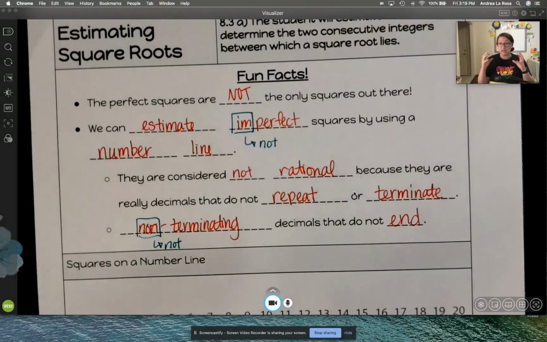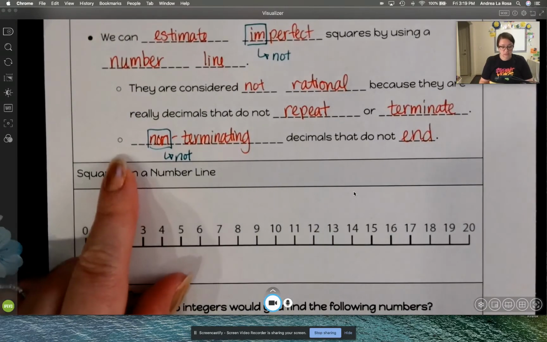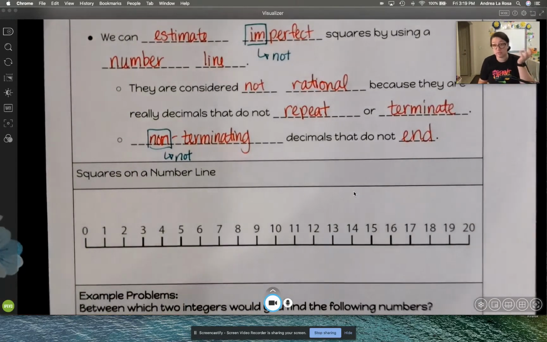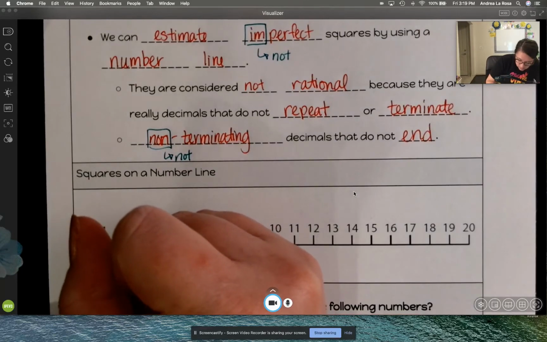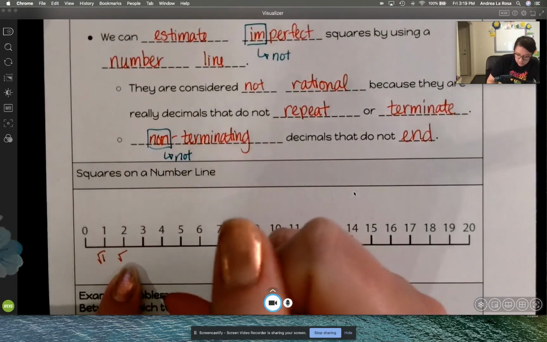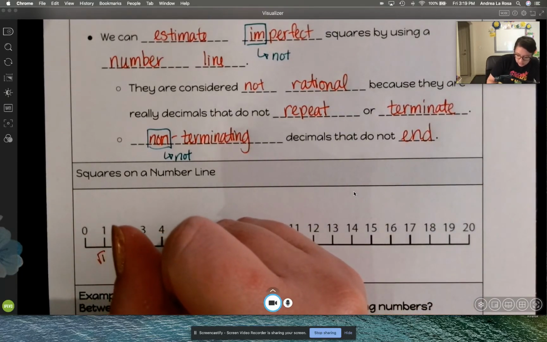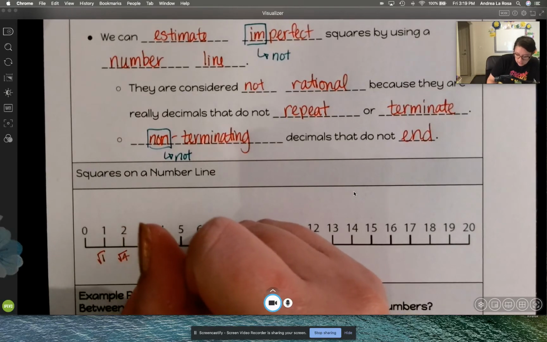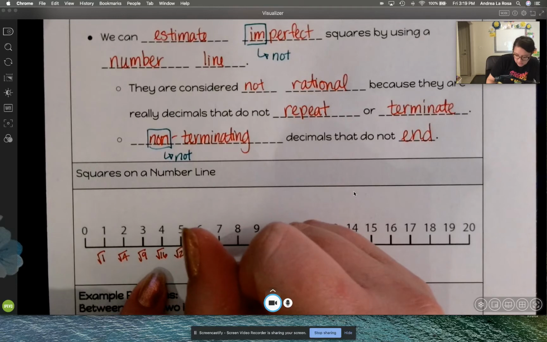So now that we've got a lot of that information, let's see what we're really talking about. Looking at our square roots on a number line, we know 1 is the square root of 1. 2 is the square root of 4. 3 is the square root of 9. 4 is 16. 5 is 25. 6 is 36.